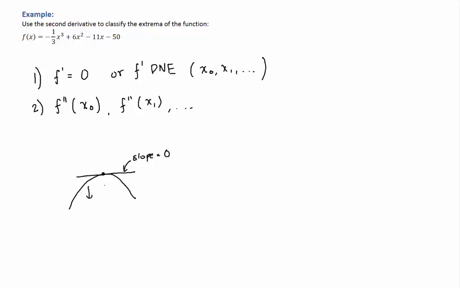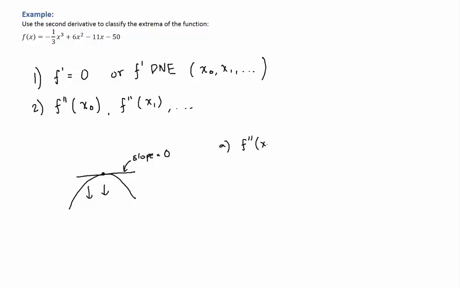So if the function is concave down, then you have a relative max at that critical point. So if your second derivative is negative, because concave down, then, well, it would be at a point. Let me write down the point just to make it clear what we're talking about.